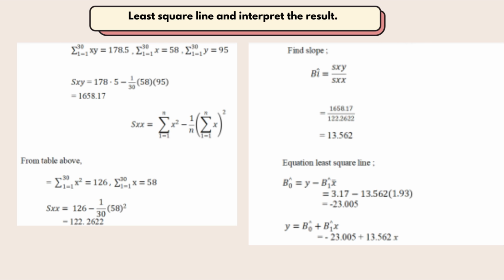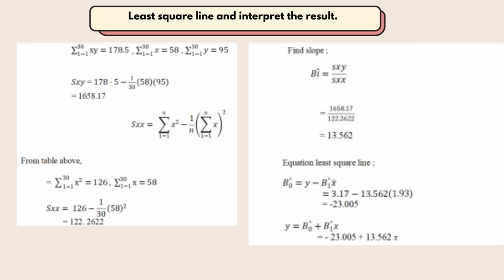So we calculate the SSx, we get 122.222. So next we calculate beta one. The formula of beta one is Sxy over Sxx.